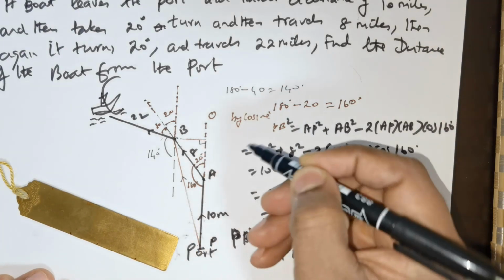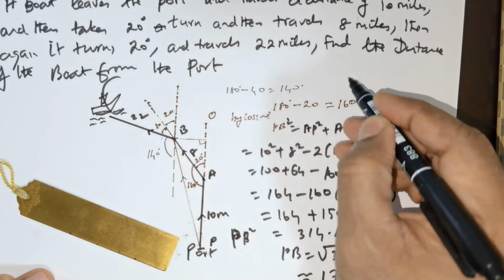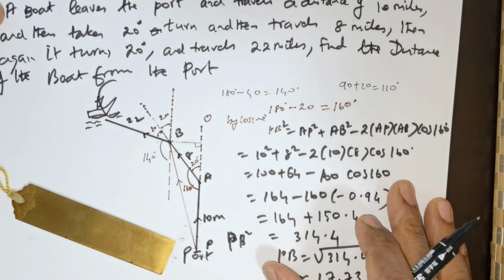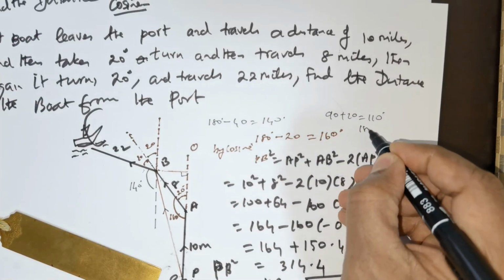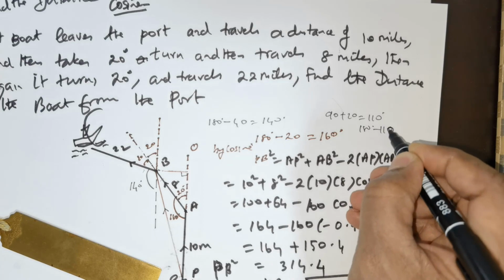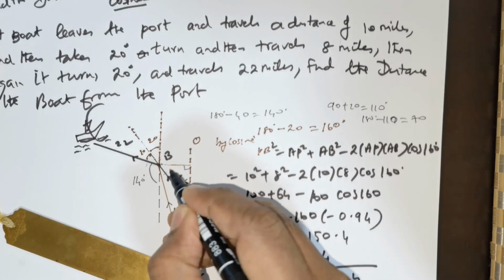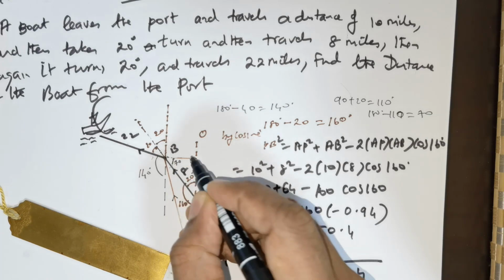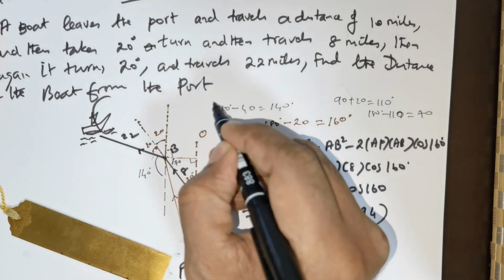This is 90 degrees, this is 20, so 90 plus 20 is 110. From 180 you subtract 110, you get 70. So this angle is 70. This angle is 90.